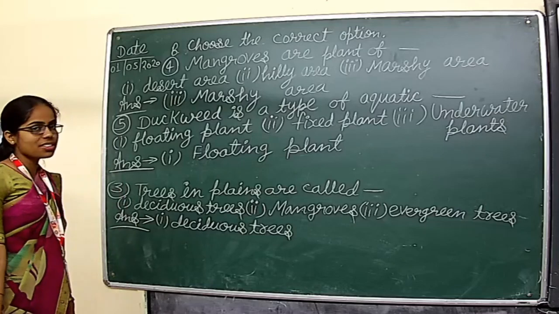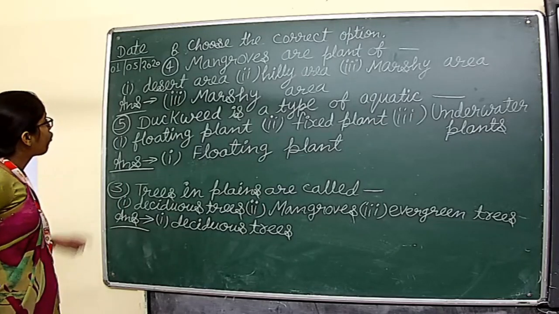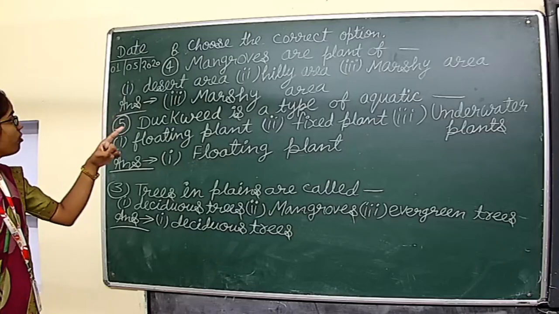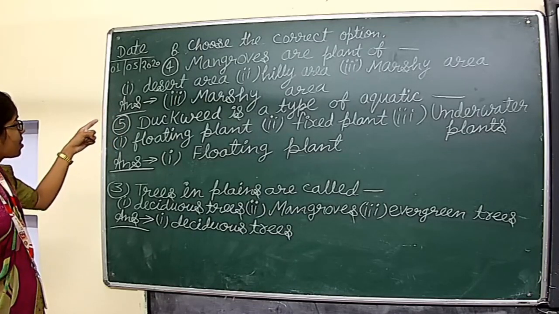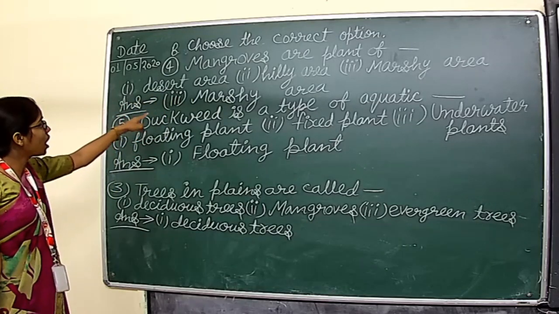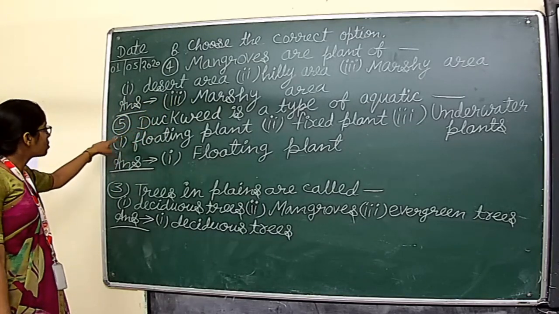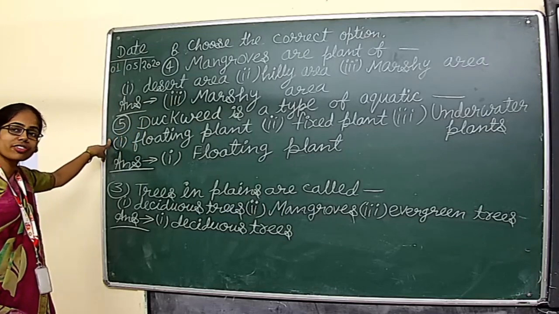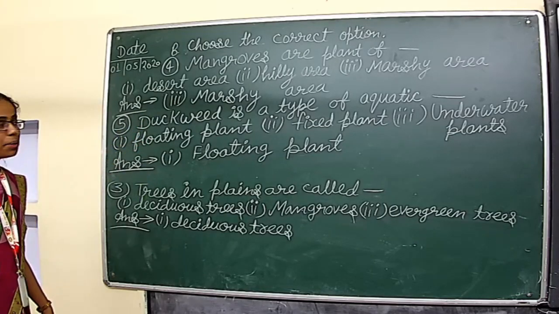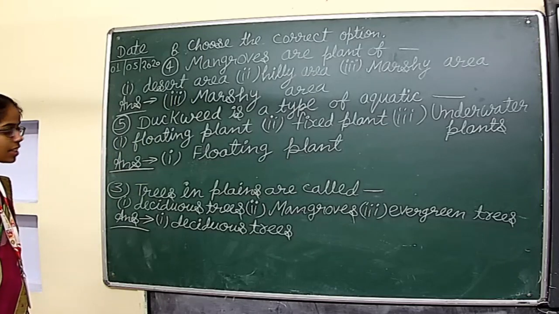Let's read this. Fourth question. Mangroves are plants of dash. So what will be the answer for this? Marshy area. Here the third option is correct. Now moving to the last question of this exercise. Duckweed is a type of aquatic dash.